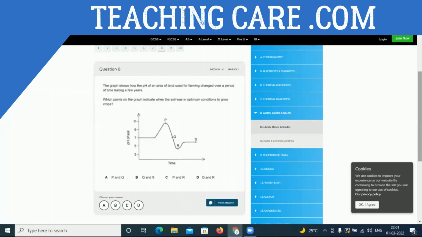Q and R, but I don't really understand the question. For the optimum soil, for a proper growth of this plant, the soil has to be neither too acidic nor too basic. It should be near the neutral. So it will be Q and S. So B. Yeah. Clear.